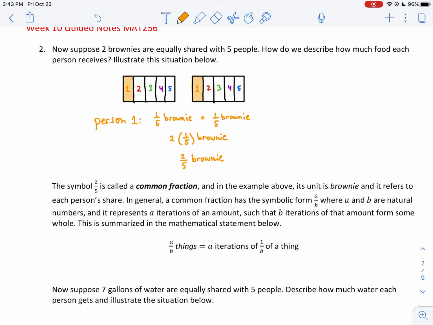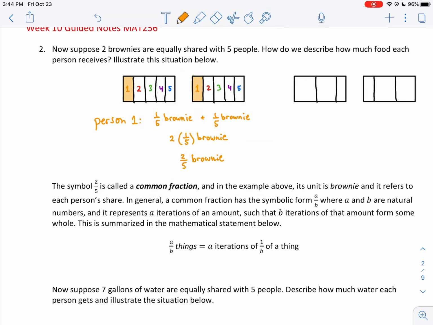Now, once you recognize that each person is going to get 2 1/5 of a brownie, there's another clever way you could have done this. All right, let me copy these brownies over here. Let me delete the numbers, and I'm going to share them slightly differently. I'm going to remove that bar and that bar, and that bar and that bar.